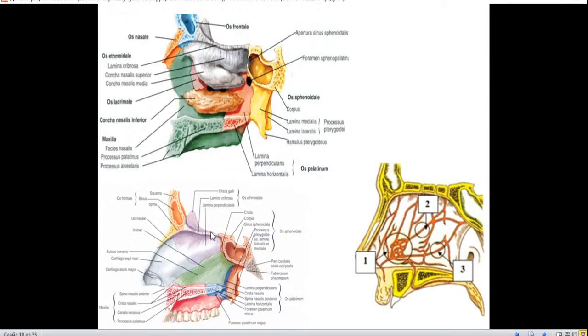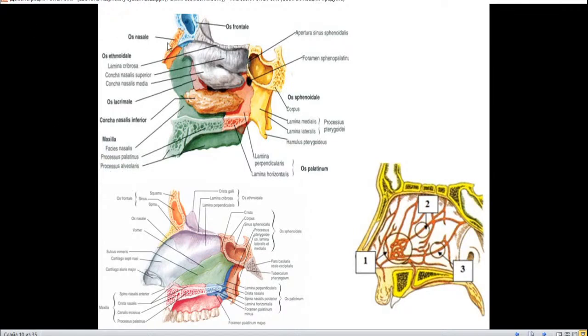If we talk about the bony structure which forms the nasal cavity, we have the superior, inferior, lateral and middle wall of the nasal cavity. You already studied it during your craniology topics, but I want to remind it to you.